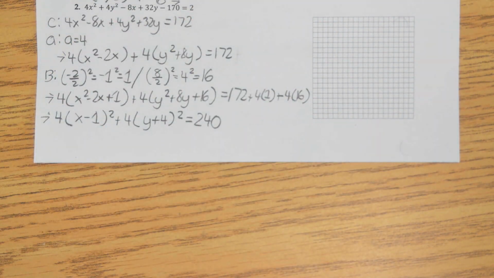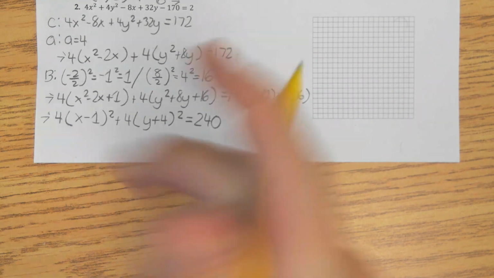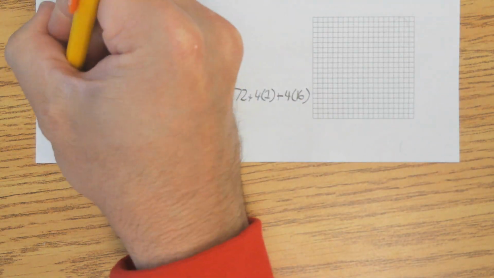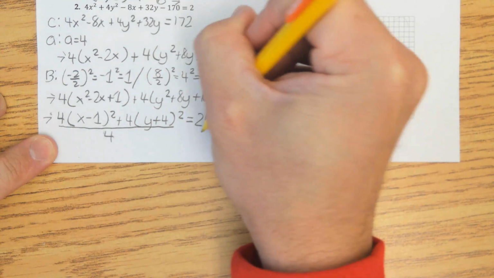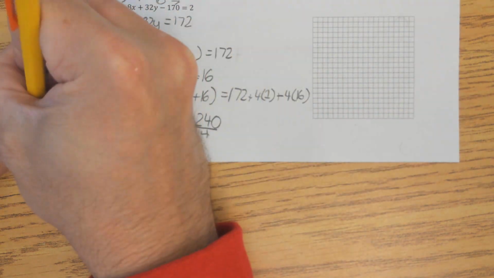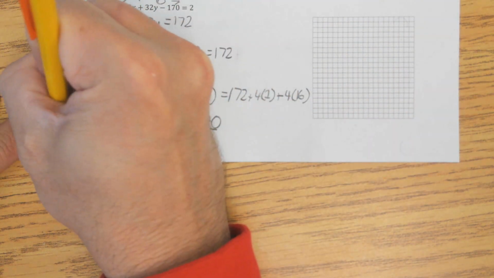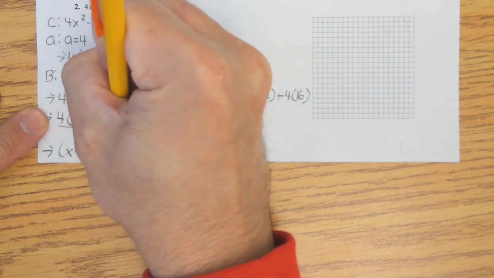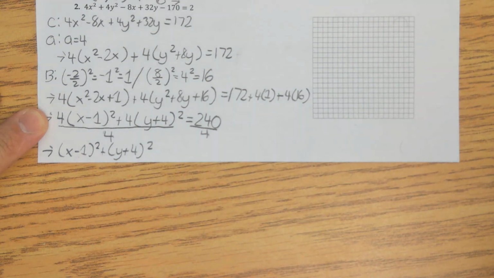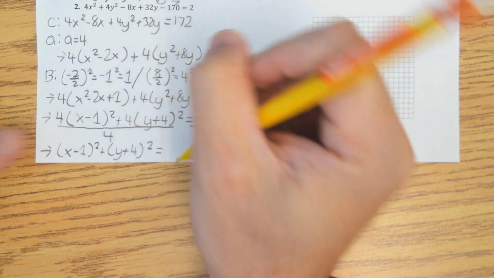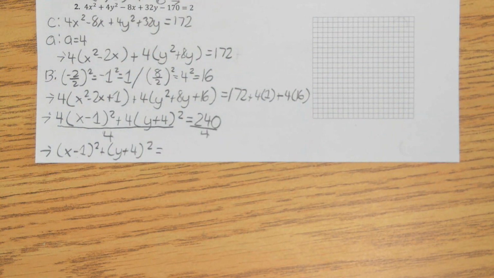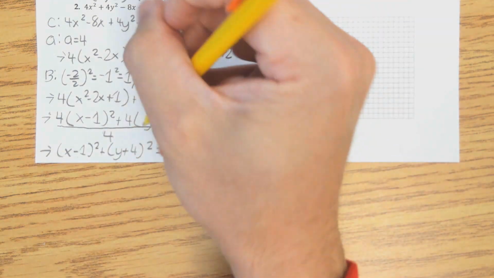Now we've got one extra step here. If you notice, the standard form of our circle never has a value factored out in front of it. So whatever we factor out front here, we're going to divide everything through by 4. And so what is that going to leave me with? That's going to leave me with x minus 1 to the second power plus y plus 4 to the second power, all equals 240 divided by 4 gives you 60.